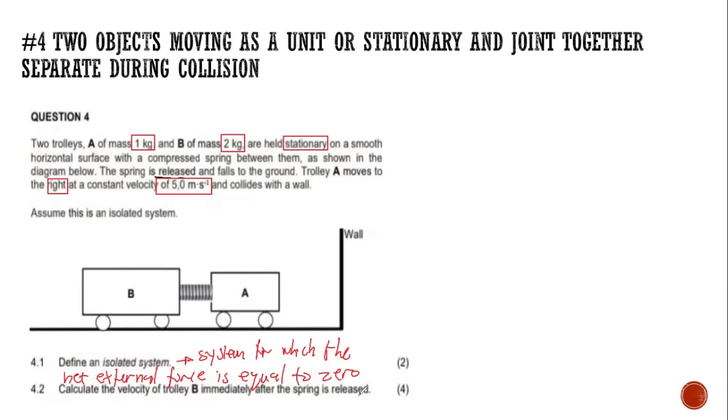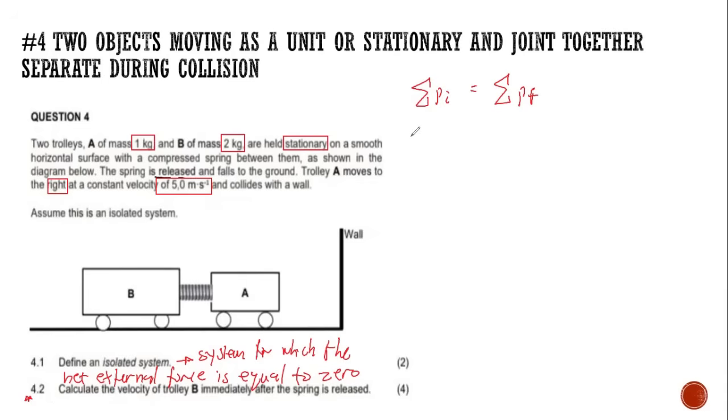Then 4.2 says calculate the velocity of trolley B immediately after the spring is released. This is how we're going to tackle that question. We say sum of momentum initially is equal to sum of momentum finally.